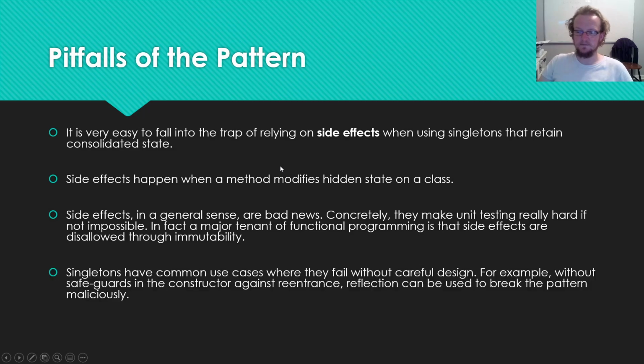What this means is if you have a situation where the same piece of code is run multiple times instead of a single time, you can get into situations where a piece of code can not deadlock itself, but can access its own resources out of order. Or you can use something like reflection, which we'll talk about in a subsequent video, to break the pattern maliciously. You can actually use reflection at runtime to generate a new copy of the object, which obviously breaks the entire purpose of having a singleton.